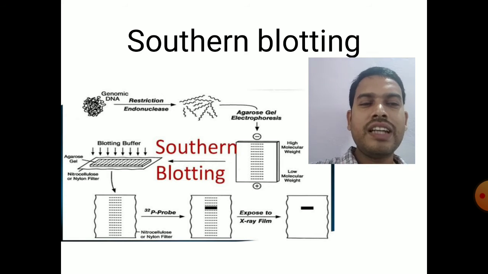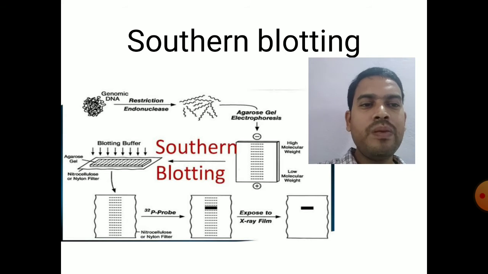After the transfer of the bands onto the nitrocellulose membrane, our band of interest or DNA fragment of interest is identified with the help of probes. Probes are short nucleotide sequences which are labeled. Generally, these probes are of two types, either enzyme labeled or radiolabeled.